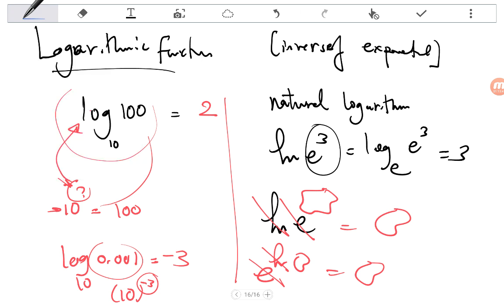If I have any number in between them, that's why I will just not apply the rule. For example, if I have e power 3 ln x, I learned before the rules of the ln. What is 3 ln x?